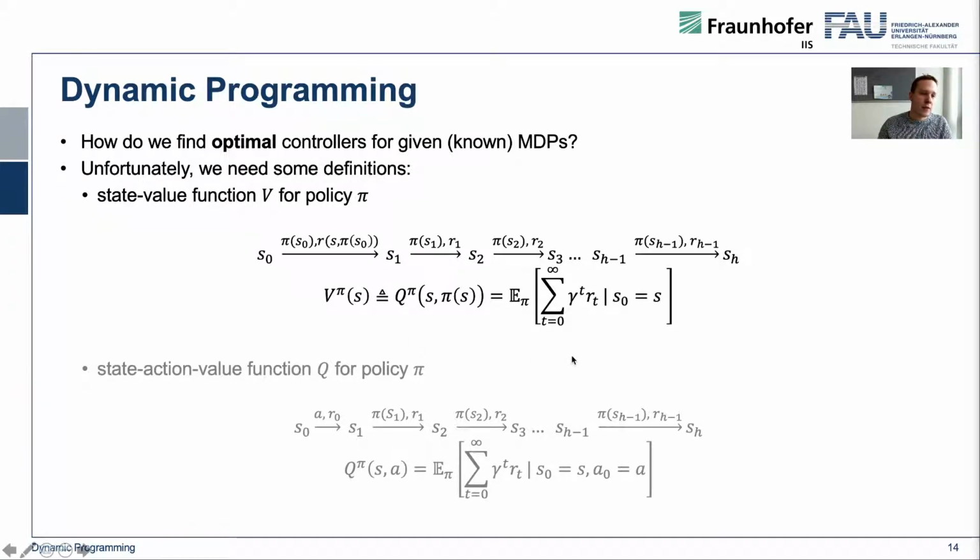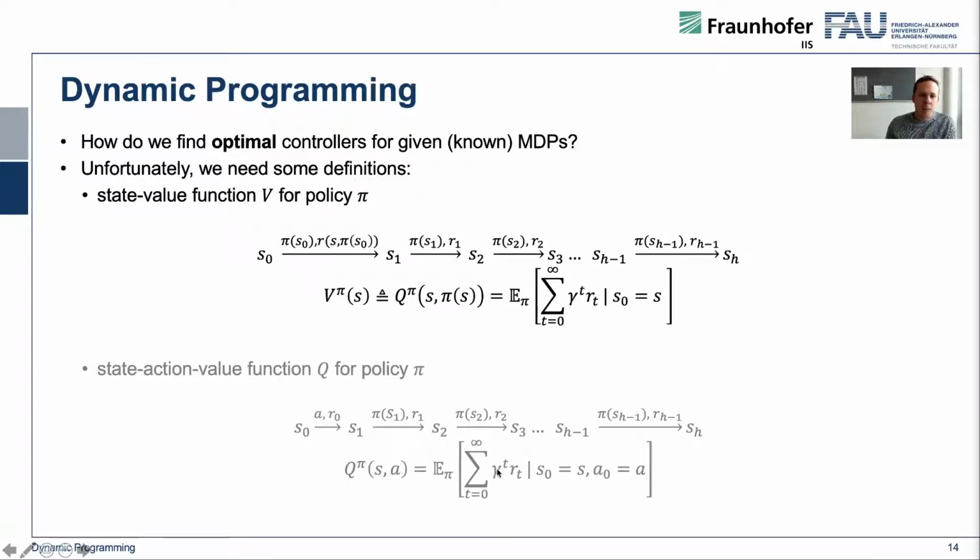For completeness, we will derive all the algorithms based on the state value function, but I need also to say there is a state action value function, which is a function that depends not only on S, but also on S and A. It's the same concept in the end, but it says what is the value of the combination of being in a state and selecting an action, if you follow a policy pi.